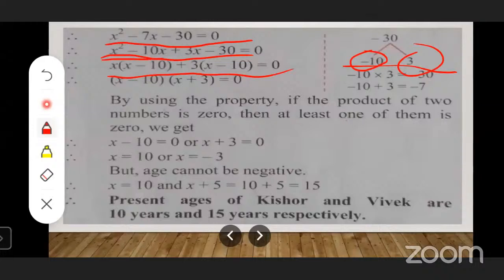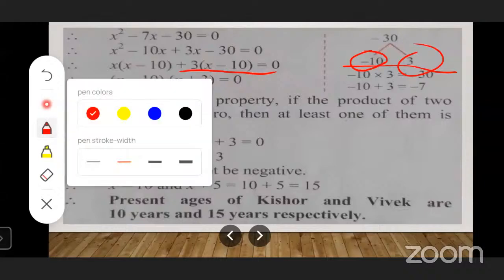X into x minus 10. Now what is common over here? 3 is common. 3 tens are 30, right? So I am taking out 3 as common. So what am I getting here? 3 into x minus 10.